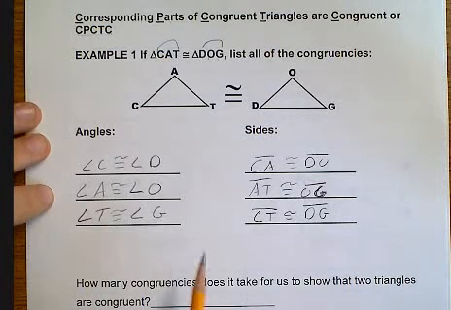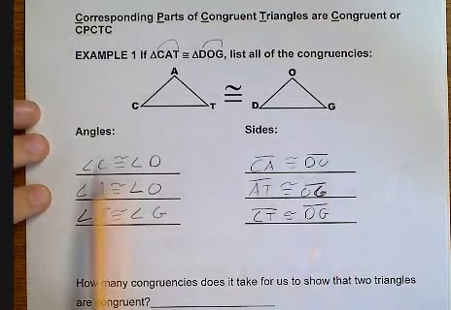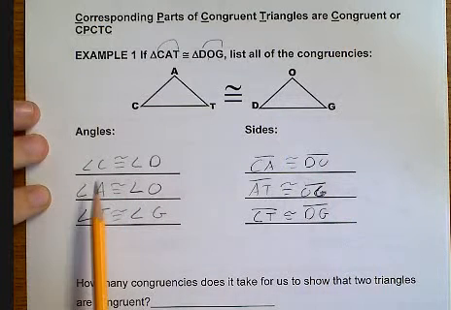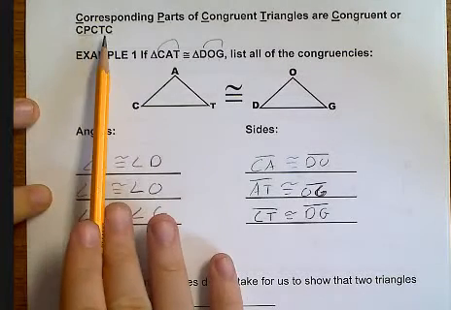So, if I know that these two triangles are congruent, then I know all of these facts. Essentially, that's what CPCTC is.